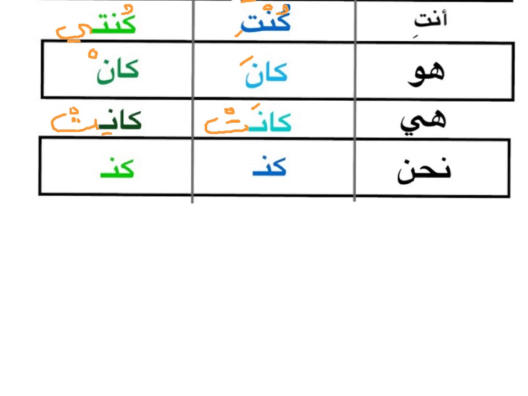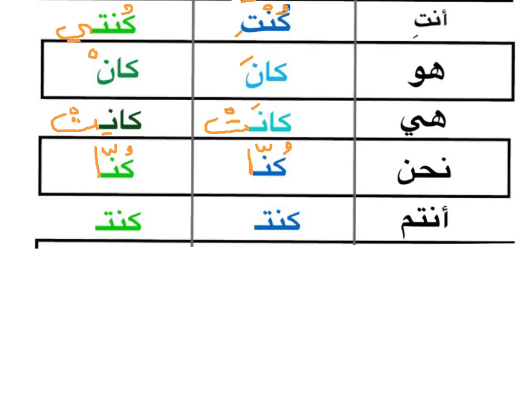And نحن, we, نحن كنا, easy, كنا, and إحنا كنا. Do you notice how عامية is usually softer than فصحى? أنتم كنتم. This is a dhamma, I swear. كنتم.